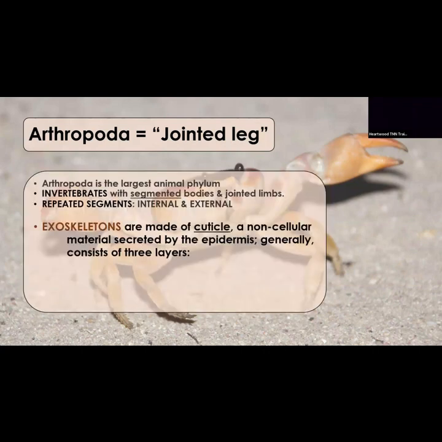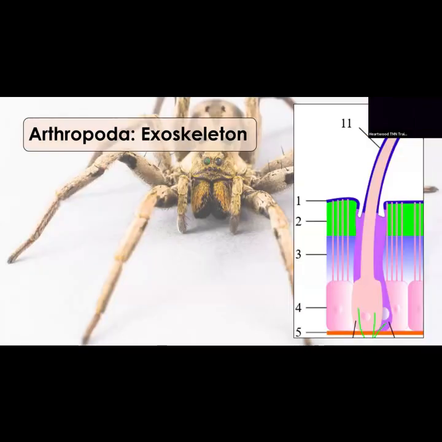They are one of the largest animal phyla, and they are known to have an exoskeleton made of cuticle. It's a non-cellular material secreted by the epidermis, and it generally consists of three layers: your epicuticle, your exocuticle, your endocuticle. If you think about those prefixes, epi, exo, endo, it'll make sense for the layers.